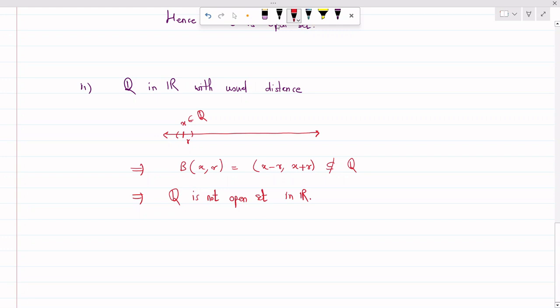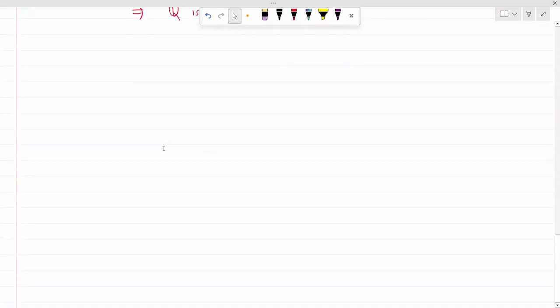Okay, now we move to the next example. Similarly, we can handle so many examples, so let me just take one more, example 3. Suppose I am taking U equal to the set of all ordered pairs (x, y) belonging to R squared such that x equals 0, and again I'm choosing the Euclidean metric.